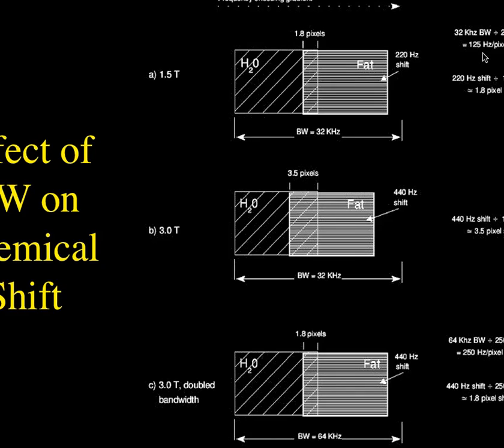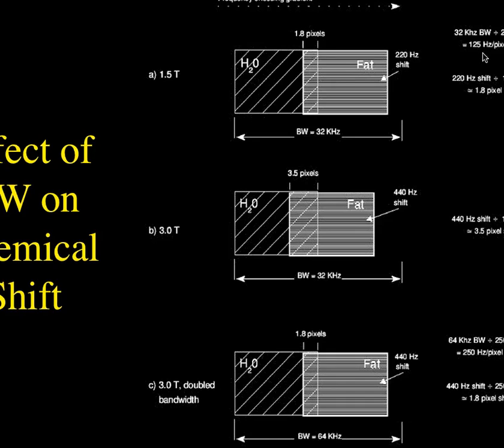So again, we've got 32 kilohertz, which is a typical receiver bandwidth, spread across the entire image. And these are big beakers of water and fat, but the number of pixels we have in the frequency encoded direction is 256. Whenever we receive the signal, if we have signal within one pixel, we put it together to make an intensity for that voxel.